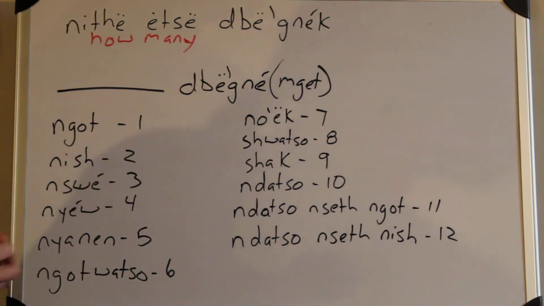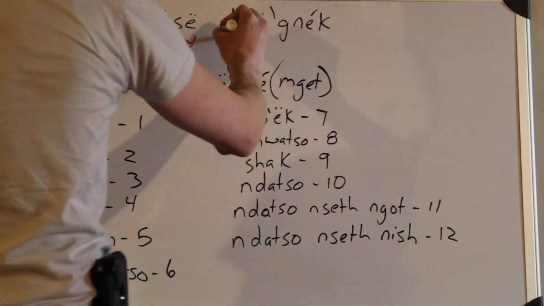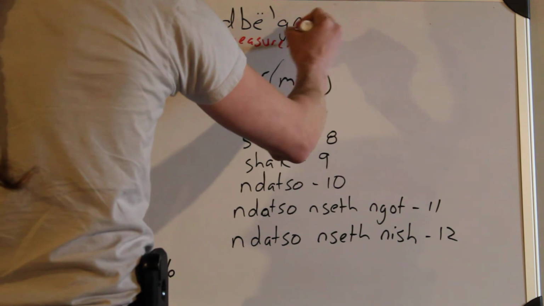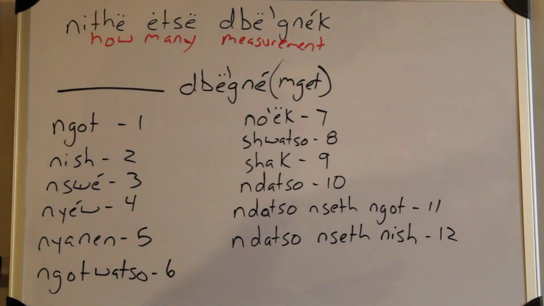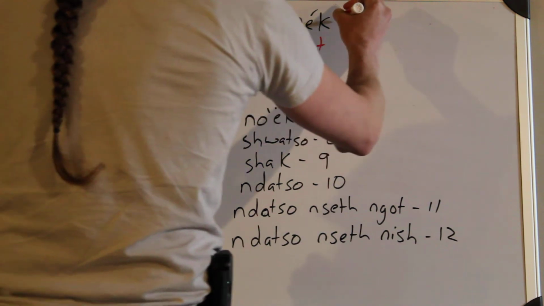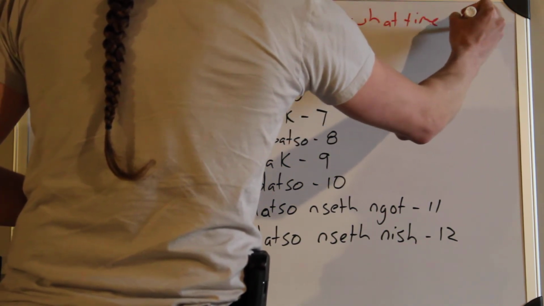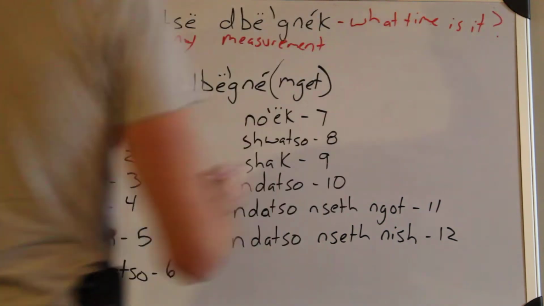Debuganak describes a measurement. So in this scenario, we're using Nija etsa debuganak, how many measurements, as what time is it.